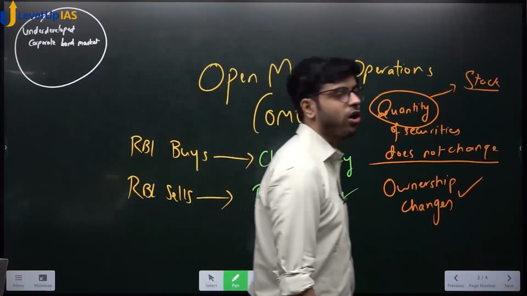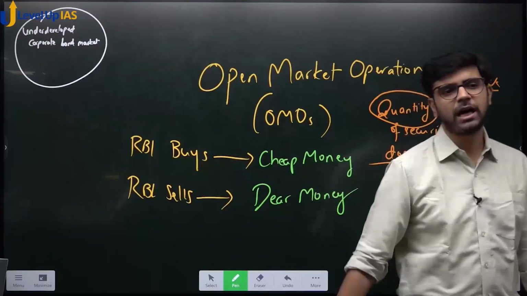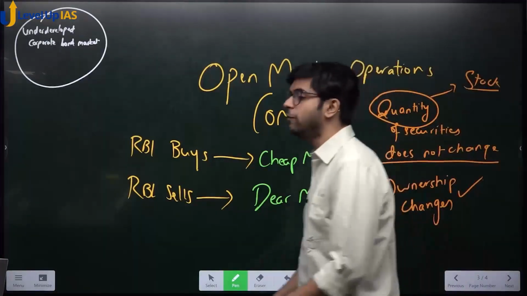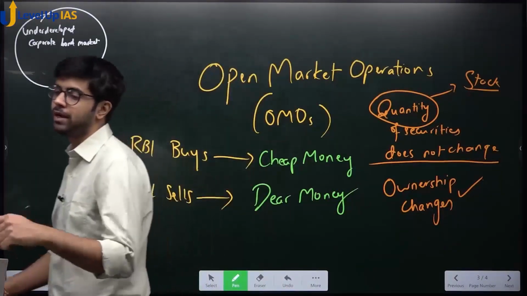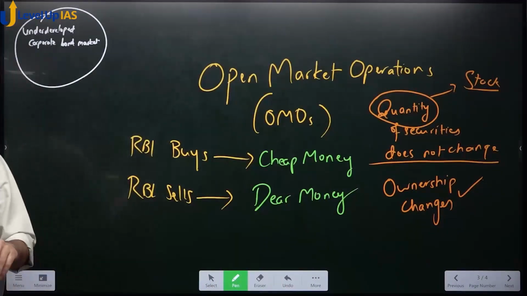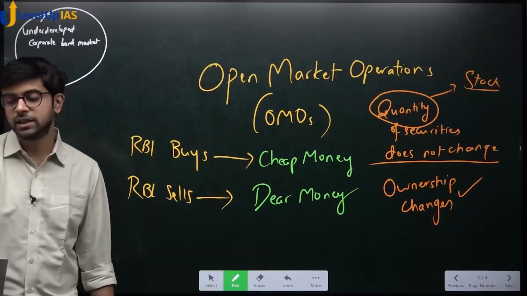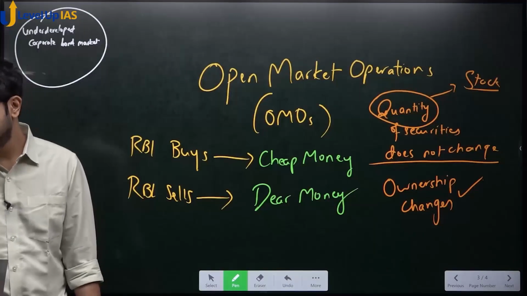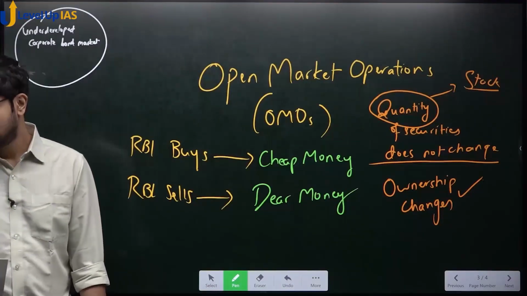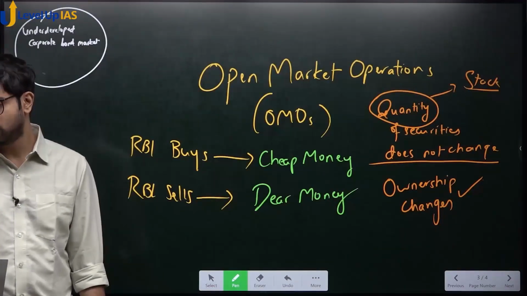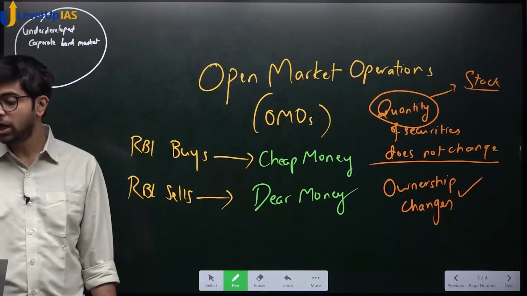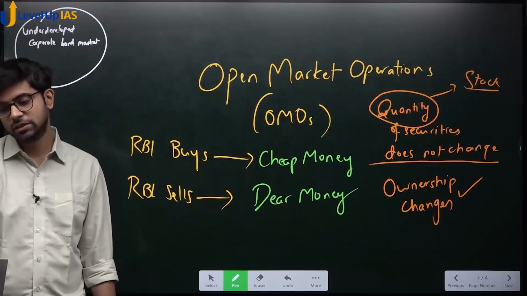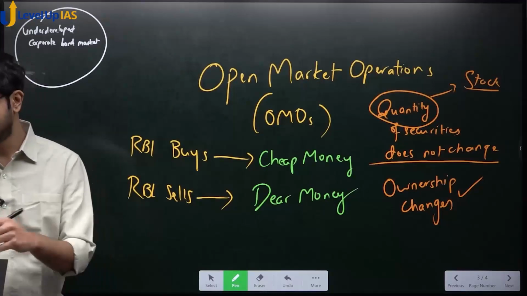Understood? This was all about open market operations. Very simple. RBI going to the open market and asking. Now in the open market, who are the players? In the open market, players are various. Commercial banks are players. Institutions like LIC, foreign banks are players. You individually are also a player. So right from the smallest of the smallest to the largest of the largest, all are players in open market operations.